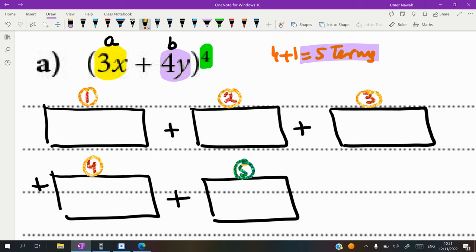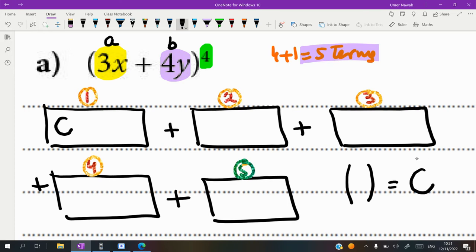When I expand this binomial expansion, which will contain 5 terms, how will I fill the first box? I will write C. C is a symbol used for combinations. In MF19 it is shown like this, but I will show it like this.